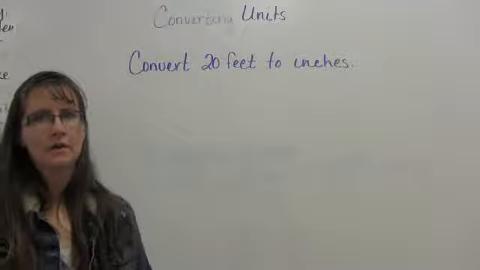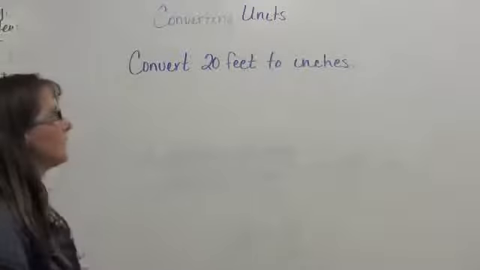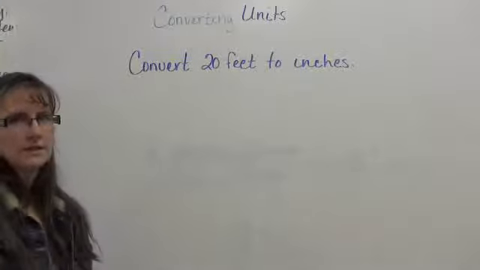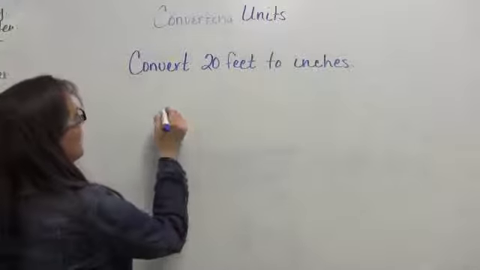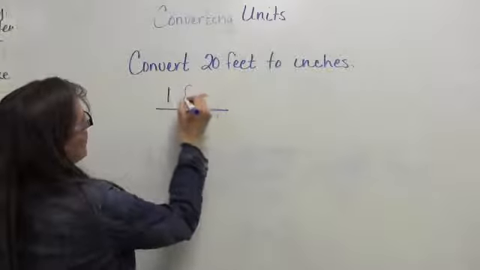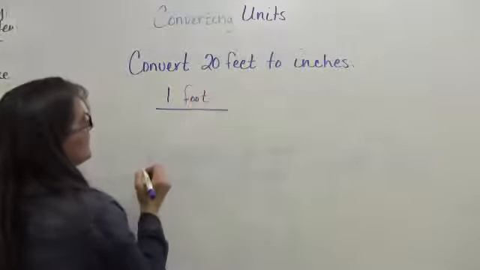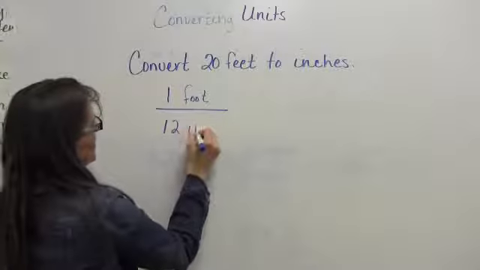Okay, here we're going to want to convert 20 feet to inches. So I need to think of my 2 conversion rates that I might use. Well, I know that 1 foot is equal to 12 inches.